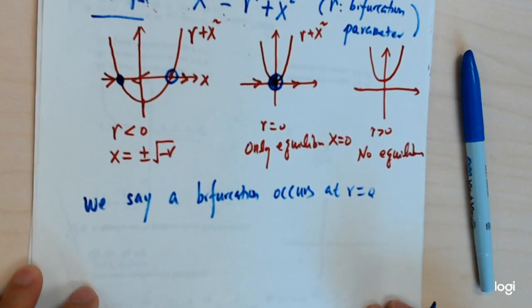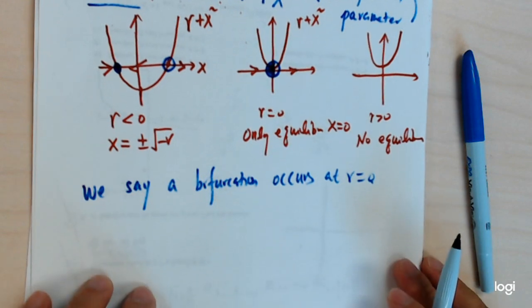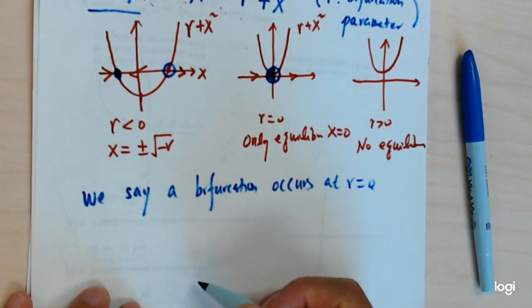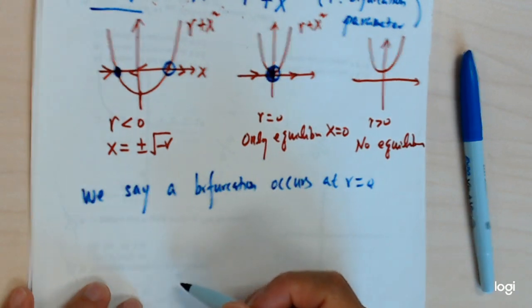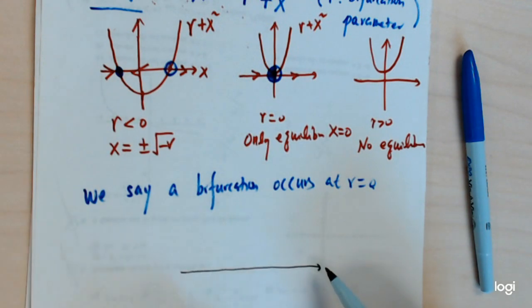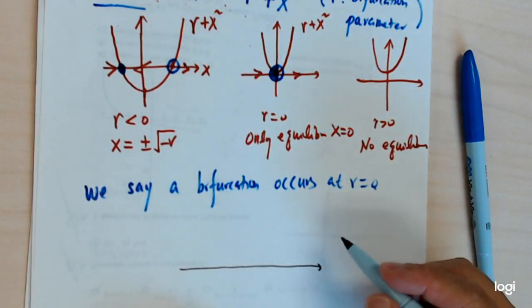So now I will talk about the bifurcation diagram that we briefly mentioned before, which some people have a hard time understanding. The bifurcation diagram shows the stability of equilibrium in terms of the bifurcation parameter.